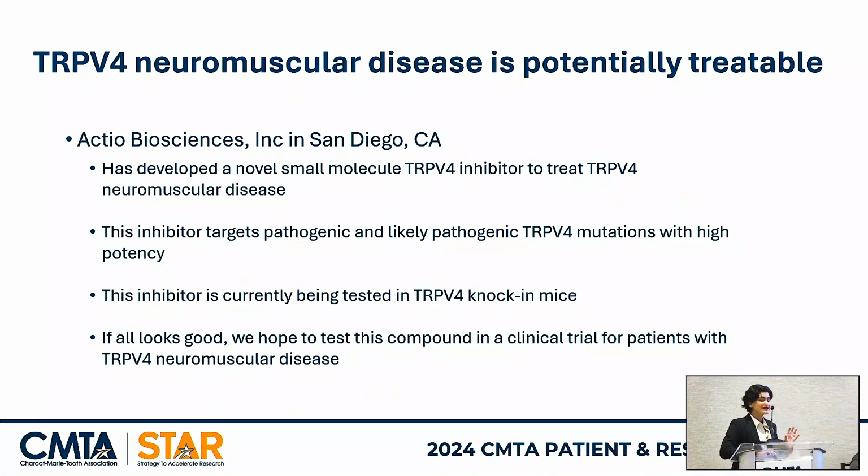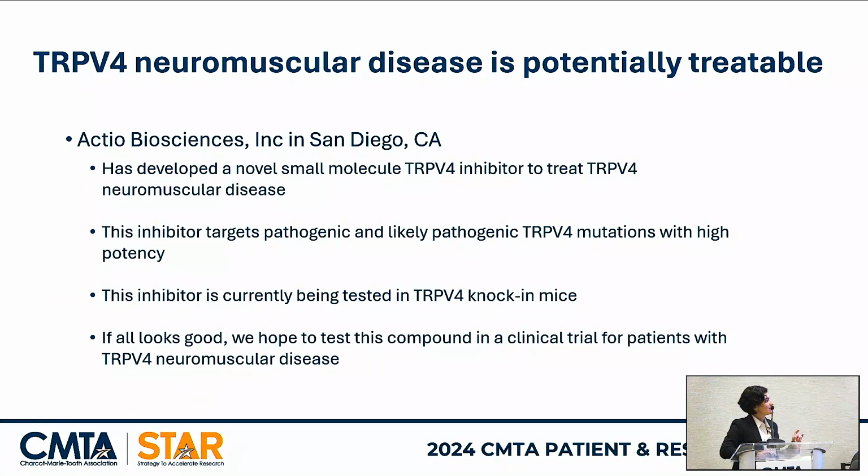I think the really exciting thing about TRPV4 neuromuscular disease is that it's a form of CMT that's actually potentially treatable. So Actio Biosciences in San Diego, California, has developed a small molecule TRPV4 inhibitor to treat TRPV4 neuromuscular disease. They think that this inhibitor targets all of the disease-causing TRPV4 mutations with high potency.